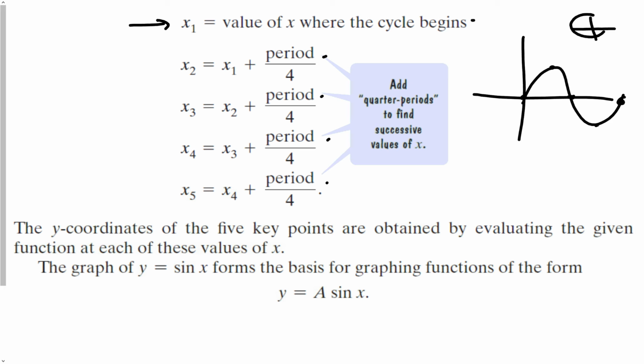If you get confused, remember the y coordinate as you spin around the circle: 0, max, 0, min, 0. So the y coordinates of the 5 key points are obtained by evaluating the given function at each of the values of x, or by remembering what happened on the unit circle at those different coordinates.